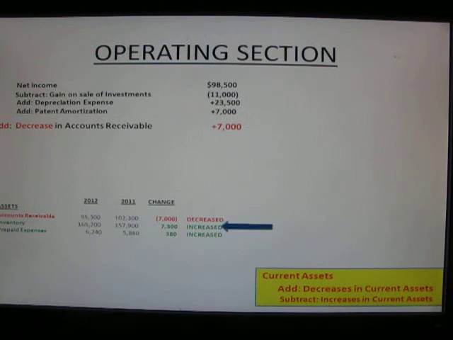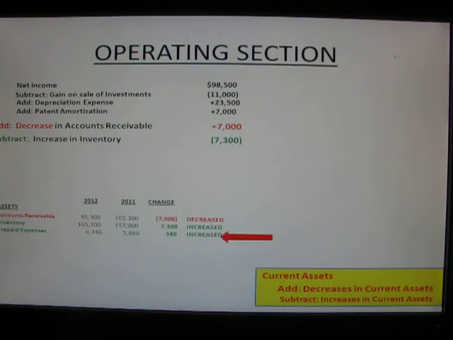Inventory is the next current asset. Inventory has increased $7,300. It went from $157,900 to $165,200. If I am building up my inventory, I am paying cash out. So my cash is actually going down if my assets are going up. Same thing for our prepaid expenses.